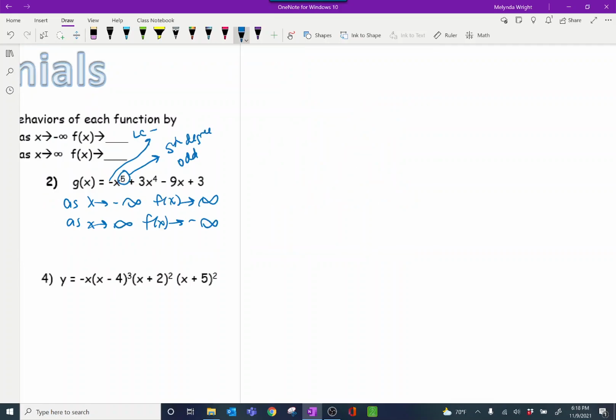So when we start graphing, we need to notice some things. Number one, we need to find the degree of the function. You guys know I love steps, so I want to write out steps. We also need to find the sign of the leading coefficient.